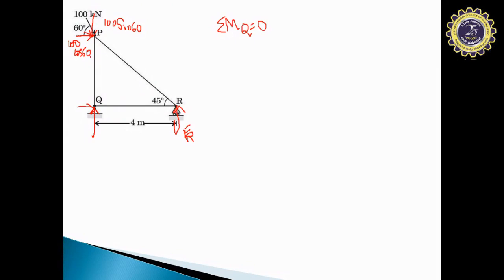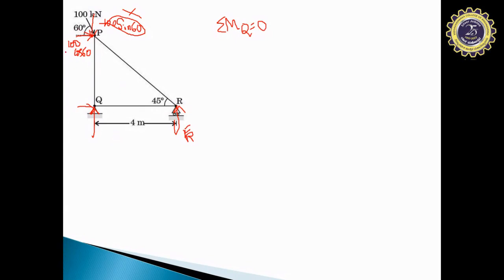The line of action of 100 sin 60 is passing through Q. Yes or no? Since 100 sin 60 is passing through Q, the perpendicular distance between 100 sin 60 and Q will be 0. So this force will be nullified, right? They both overlap on each other.